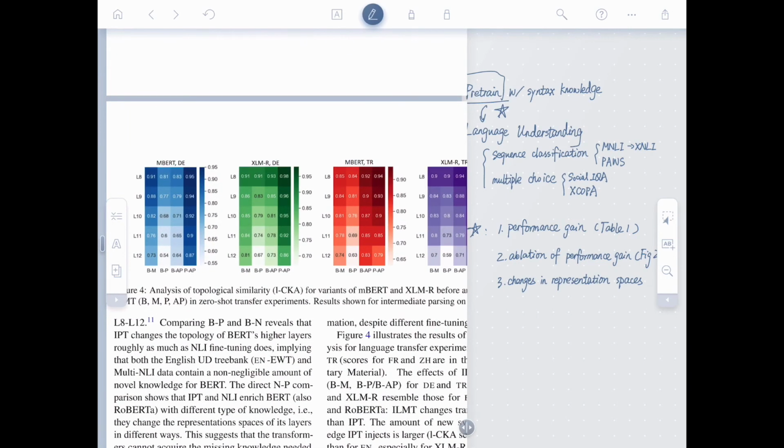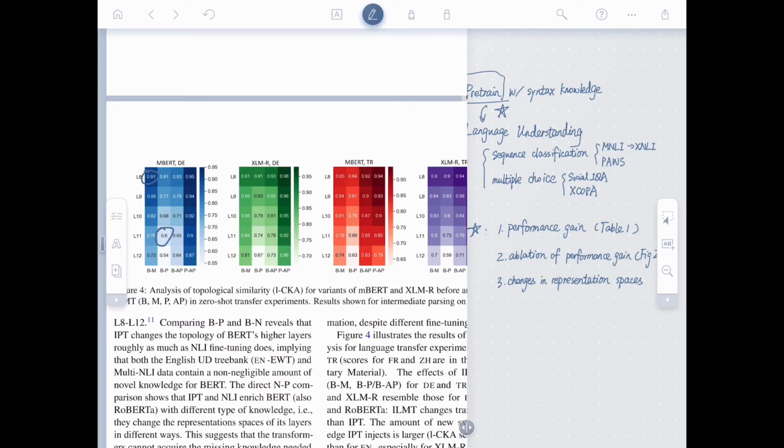As you can see, 0.91 indicates that the representation has not changed too much, whereas 0.6 indicates that the representations have changed a lot.